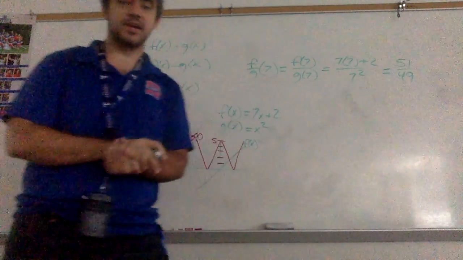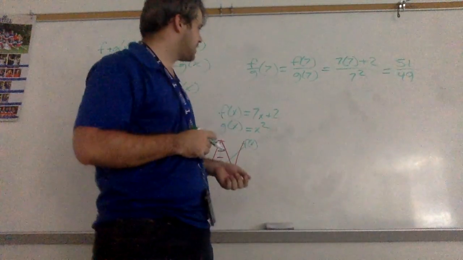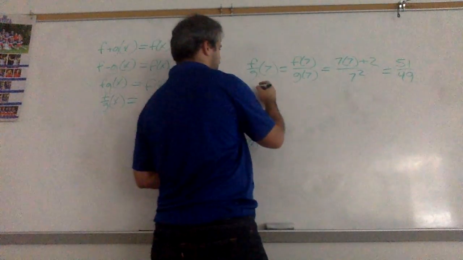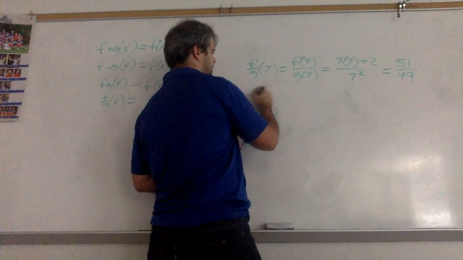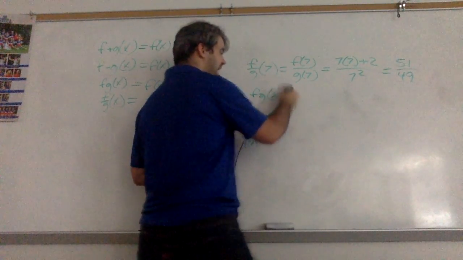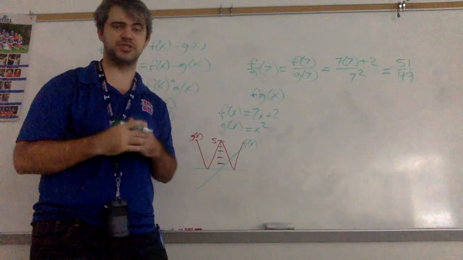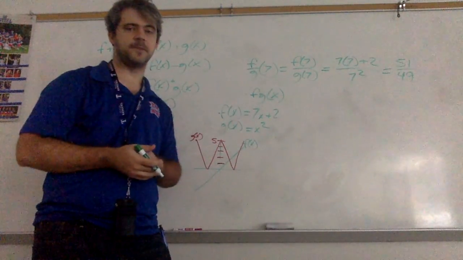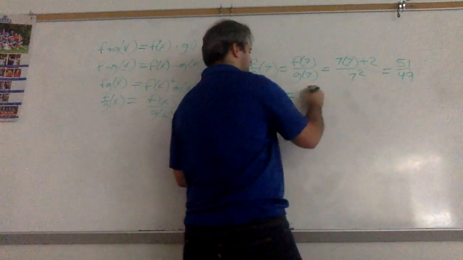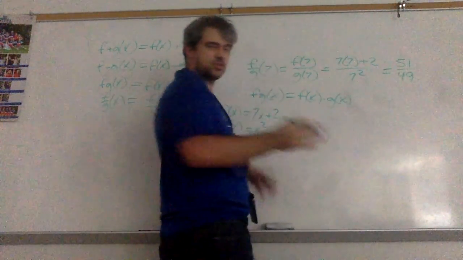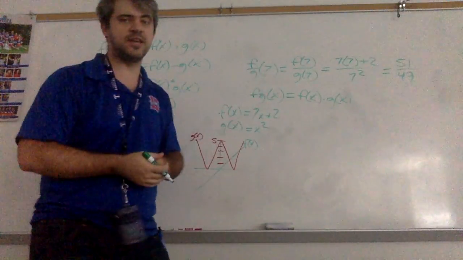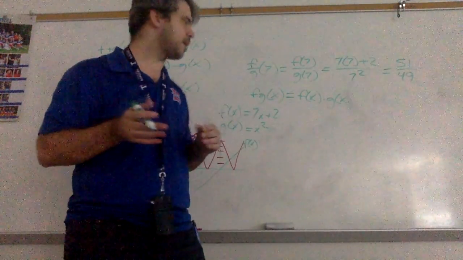Now, the other thing it could ask us to do is it could just ask us for something like f times g of x. So that's f of x times g of x. So now we're not going to plug anything in for x. We're just going to leave it as a variable.